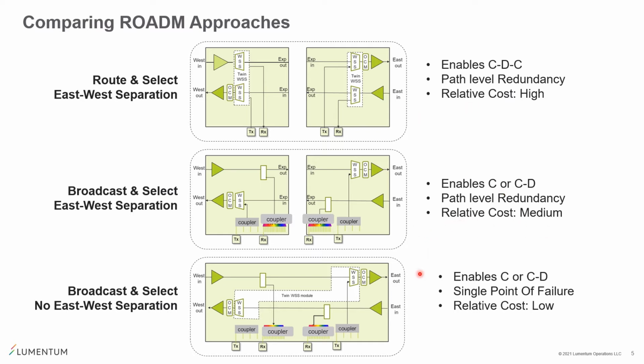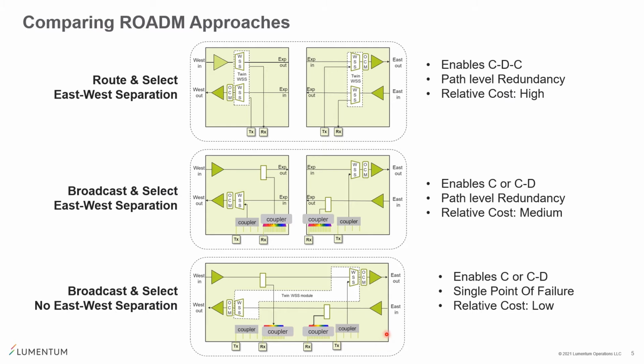Now, a third approach that is just gaining a little bit of traction among the operators, with recent RFQs and RFIs that are coming in, is instead of looking at a degree on a blade, you're trying to look at an entire node on a blade. And when I say node on a blade, typically it's more like 2 degrees on a blade.